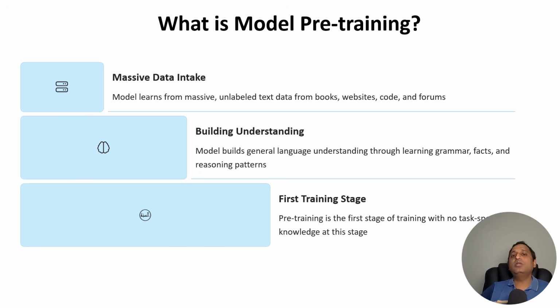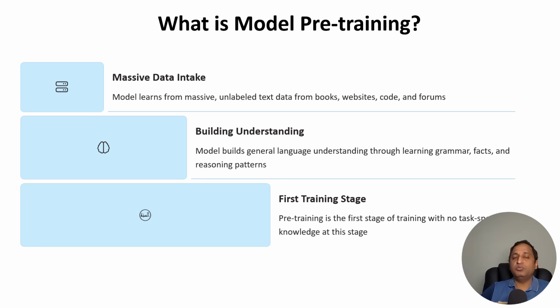The goal here is to help the model learn basic language like grammar, vocabulary, sentence structure, facts, historical facts and reasoning patterns. Basically we're giving the model a broad-based education. By the end of this, the model has an understanding of language, but it doesn't know how to perform a specific task like summarizing a legal text.